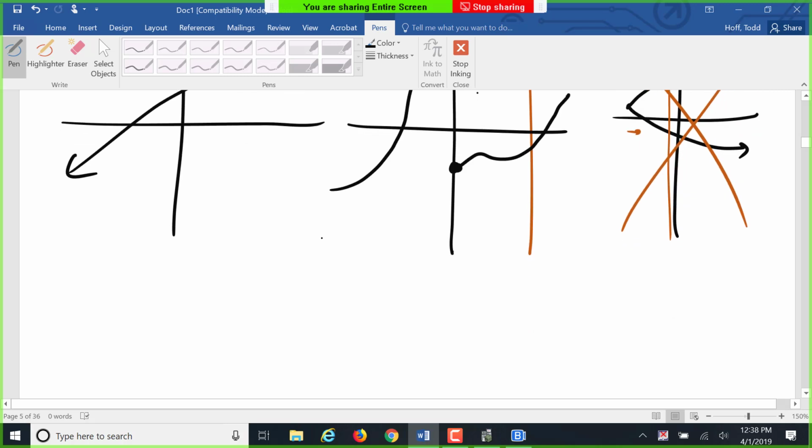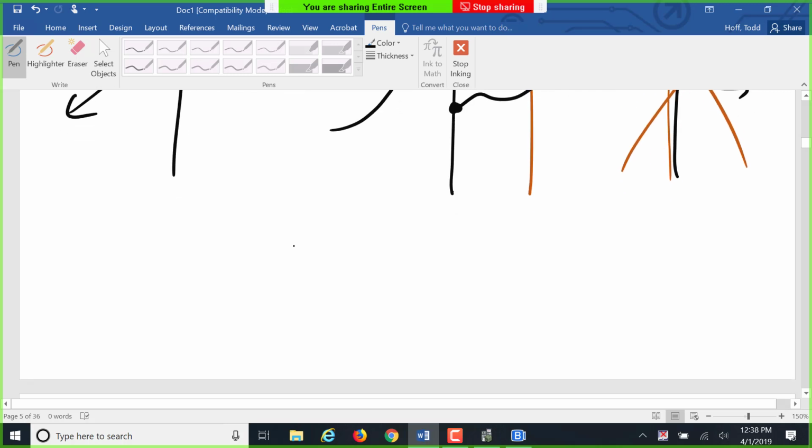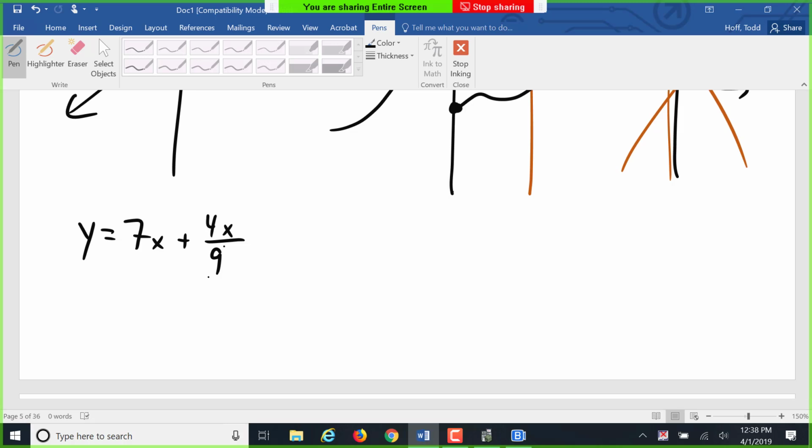Looking at equations. Is that a function? Do you remember what it takes to be a function?